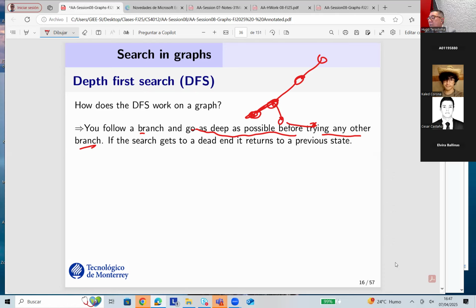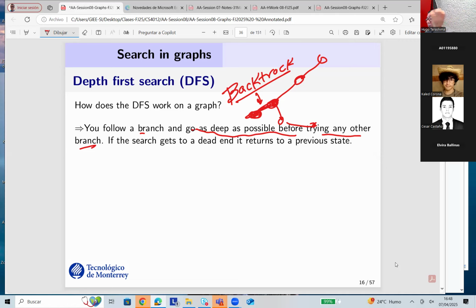If the search gets to a dead end, it returns to a previous state, right? Like this. And this is called backtrack in computer science. So you reach the end, and then you backtrack and continue looking for different branches in the tree, right?